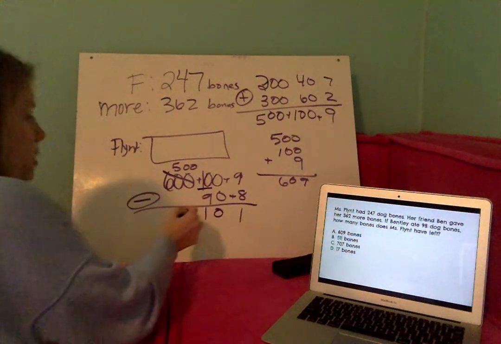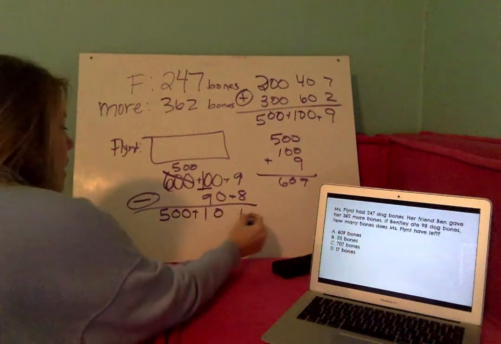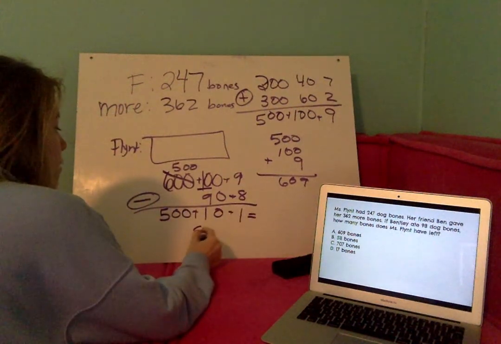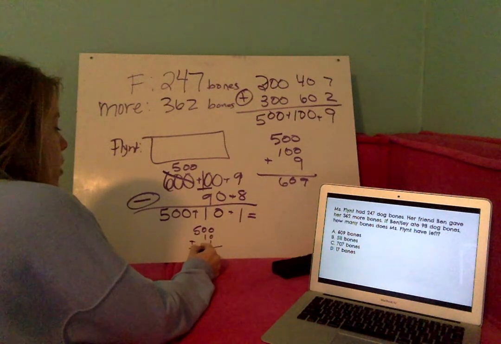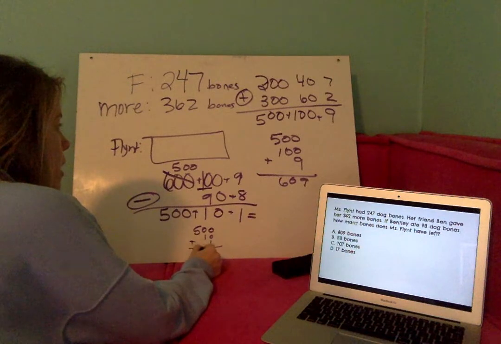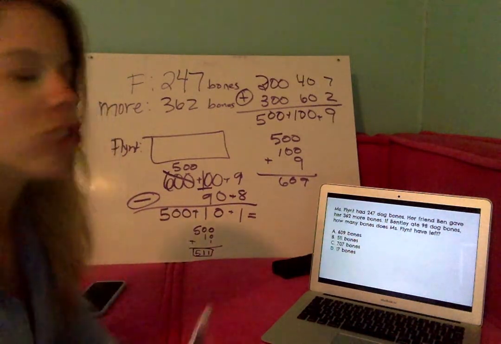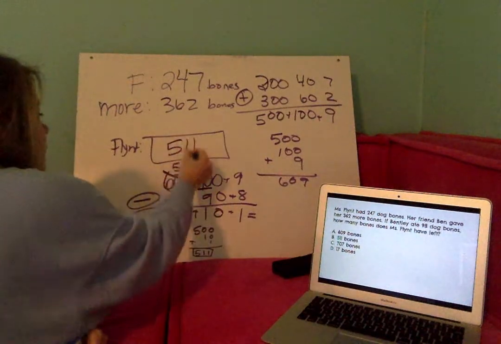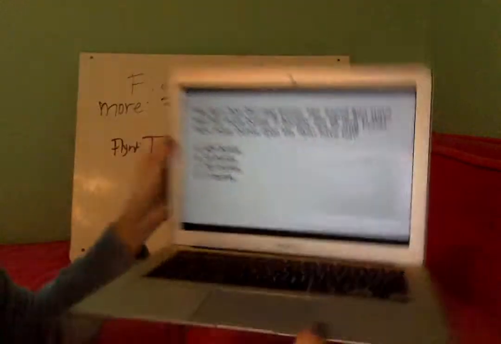Make sure you bring the 0 down. 5 minus nothing is 5, so that equals 511. How many bones does Miss Flint have left? 511. B.